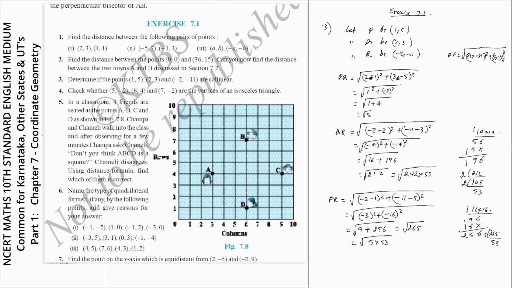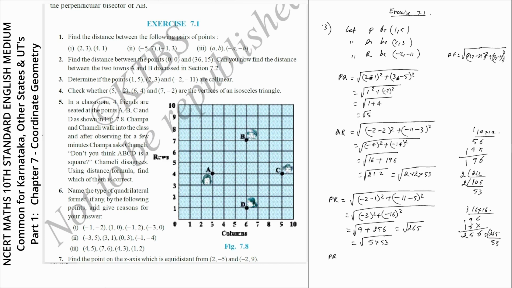Now let's check if the points are collinear, then the greatest side will be equal to the sum of the other two sides. Which is the greatest side here? Out of these three, PR is the greatest side. PQ is root 5, QR is root 212, and PR is root 265.